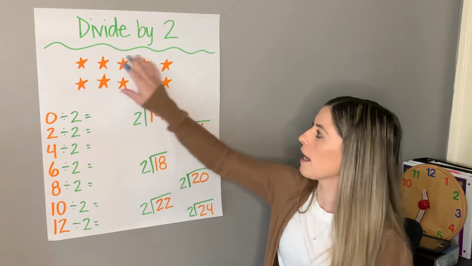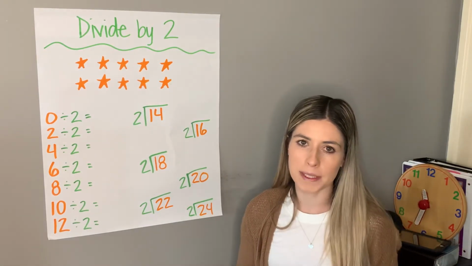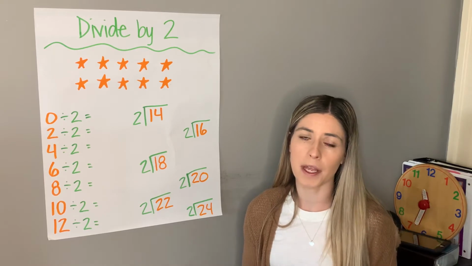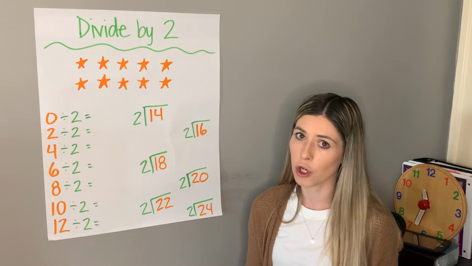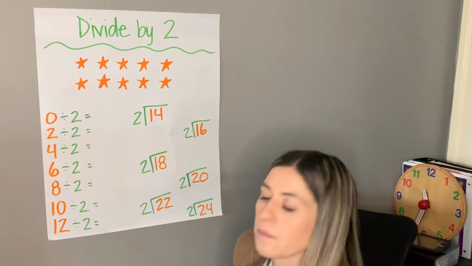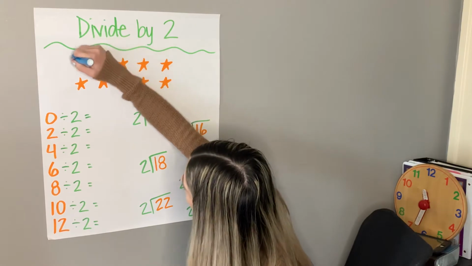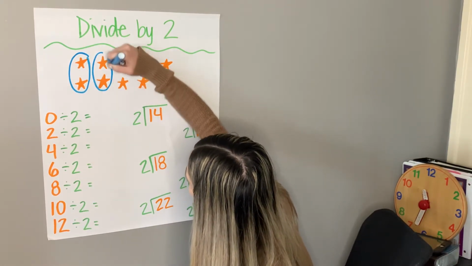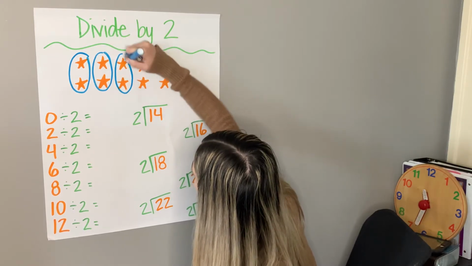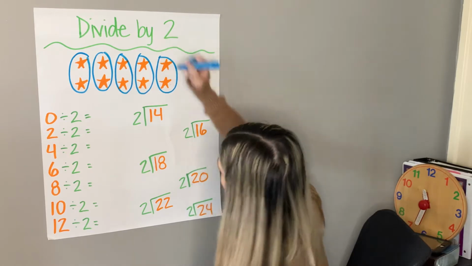So I have 10 stars here, and in order to find out how many groups that would be, I'm going to put everything into groups of 2 to find out how many groups total there would be. So I'm going to put these 2 stars in a group, and these 2 stars in a group, and these 2 stars in a group, these 2 stars in a group, and these 2 stars in a group.